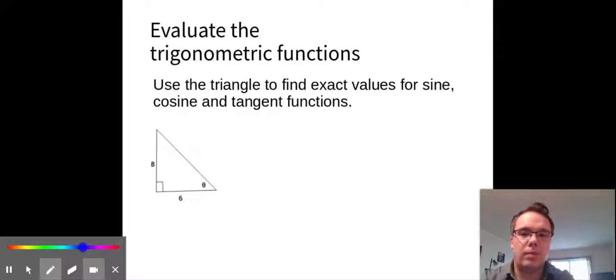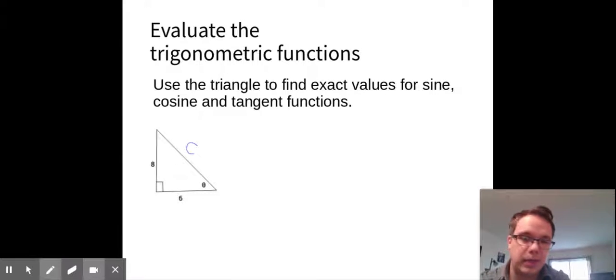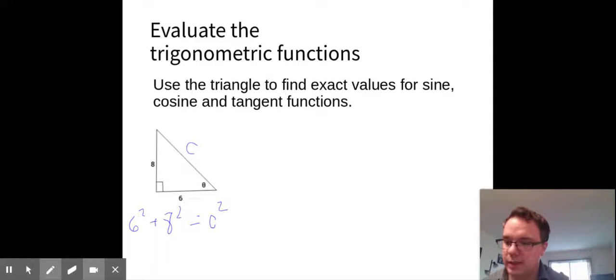So, in order to find these exact trig values, you need the value for each side. And so that's where the Pythagorean theorem comes in, because in this case, we're missing our hypotenuse. So if we set up an equation where we take 6 squared plus 8 squared and set it equal to c squared, we can figure out what our c is.